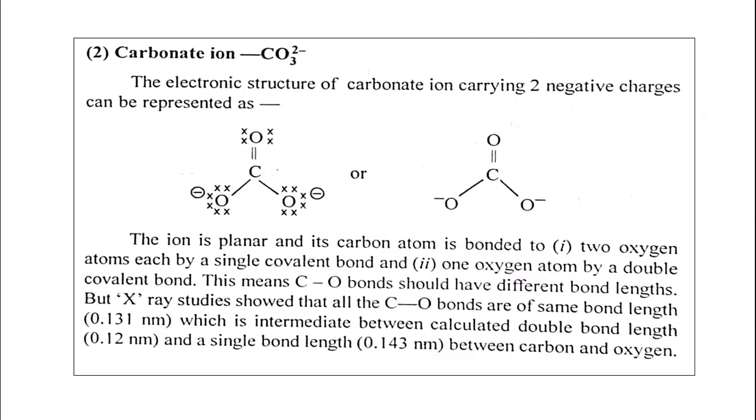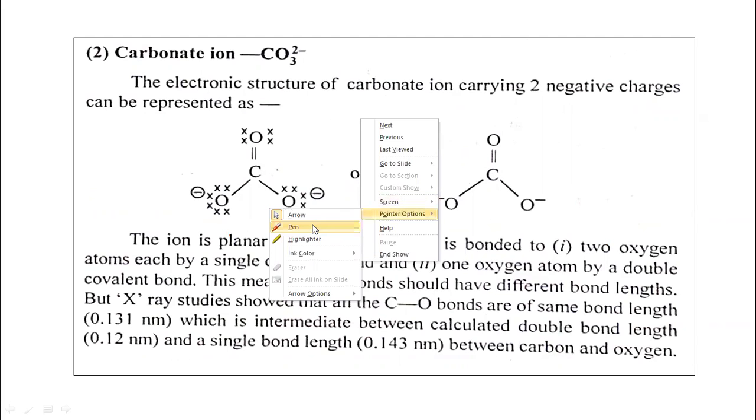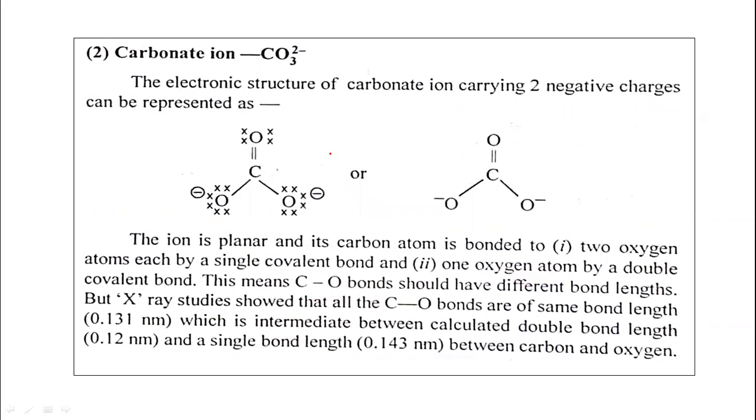Let us take another example, that is the carbonate ion, CO3 2 minus. Let us first represent the carbonate ion in the electronic dot structure. Carbon has valency 4.